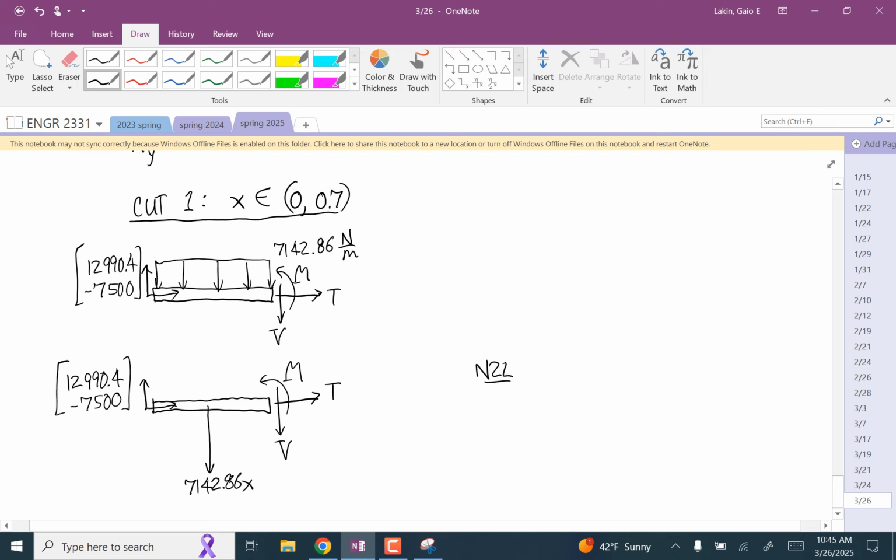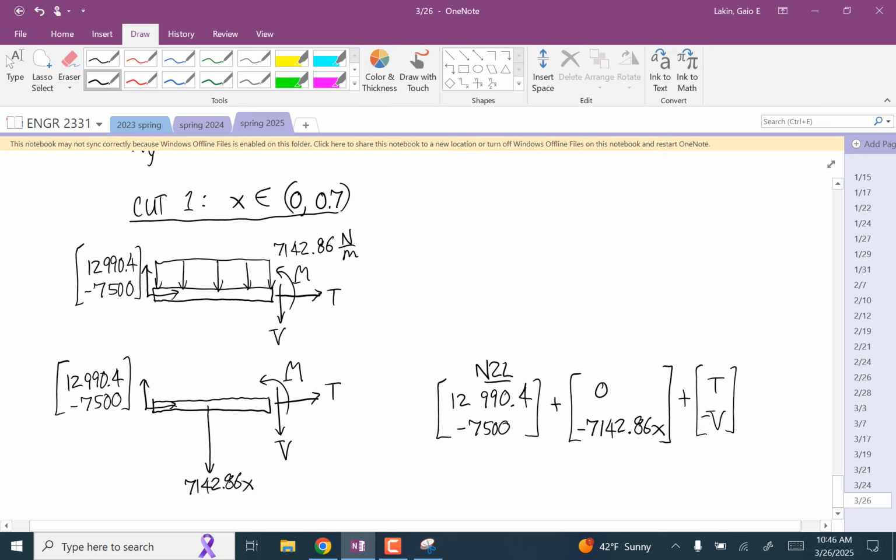So Newton's second law says 12,990.4 negative 7,500 plus 0 negative 7142.86x plus T negative V is equal to zeros.